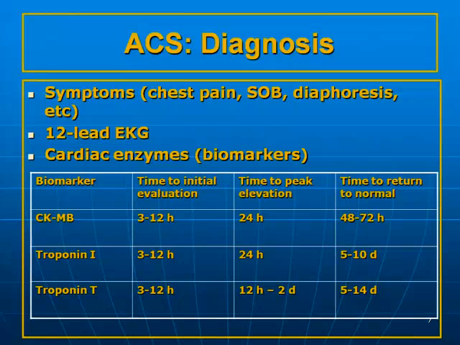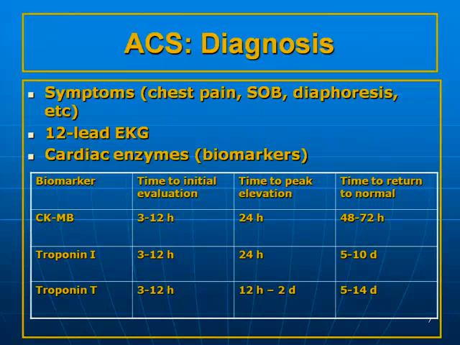If you don't have ST segment elevation, then you're dealing with non-ST acute coronary syndrome. That's the presumptive diagnosis initially. Those patients are managed a bit differently. But for all patients with acute coronary syndrome, serial EKGs and then serial cardiac enzymes, or what now are being called cardiac biomarkers, need to be ordered.